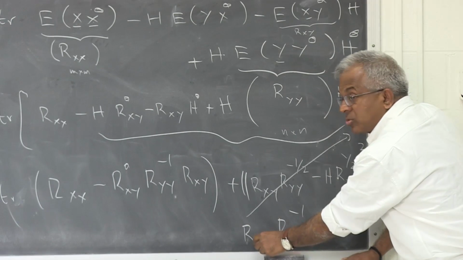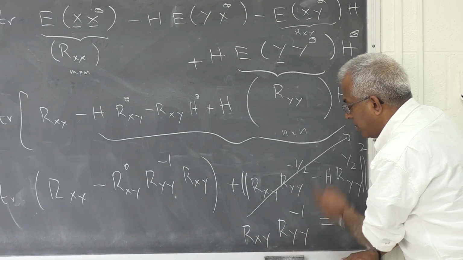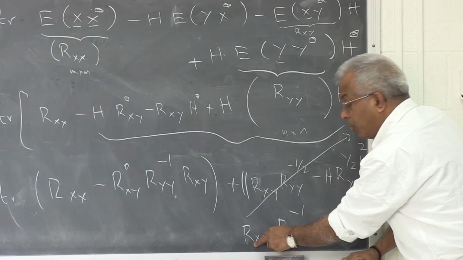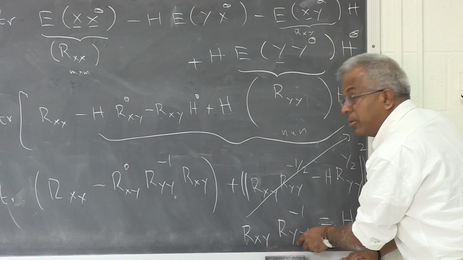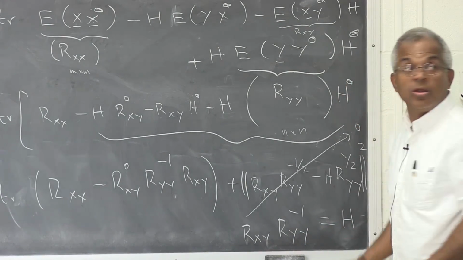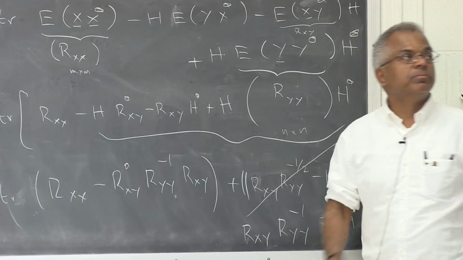So you need the cross correlation between the data and the unknown, and you need the autocorrelation of the data. Remember, Y is the data. So let me write down the result. You don't need the rest; this was only an intermediate step.